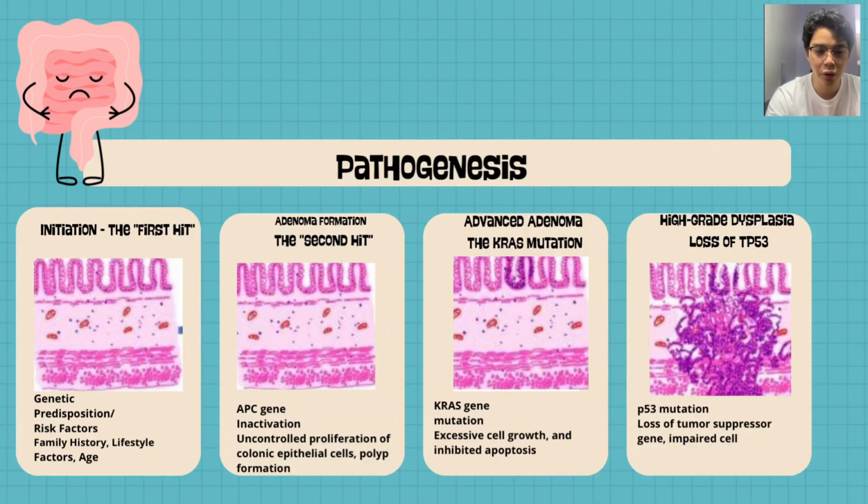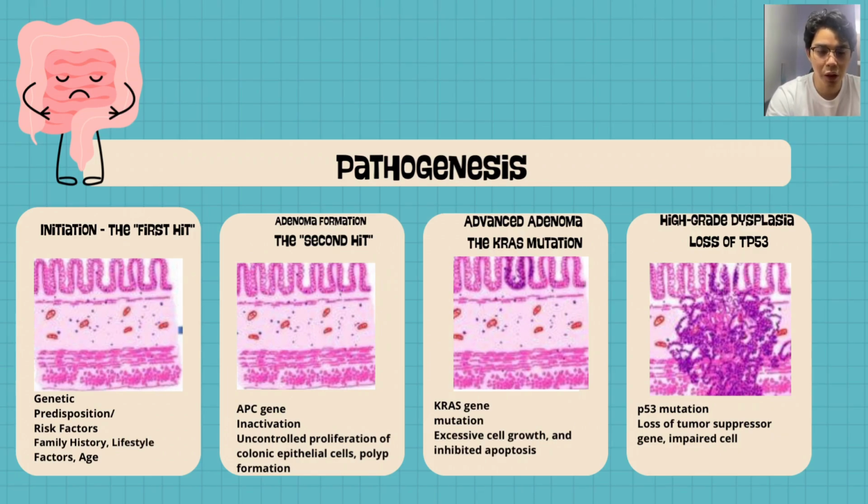The development of rectal adenoma follows a multi-step process involving genetic mutation. First is initiation, or the first hit. This is where inactivation of the APC gene, influenced by genetic predisposition or family history, lifestyle, and age, leads to uncontrolled proliferation of epithelial cells and polyp formation.